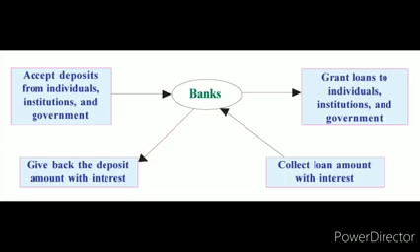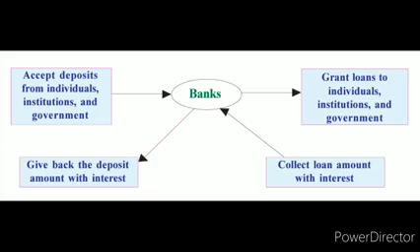One is they accept deposits, second, they grant loans. Here is a flowchart for you that gives the details of its functions. Accept deposits from individuals, institutions, and government, and grant loans to the individuals, institutions, and government.